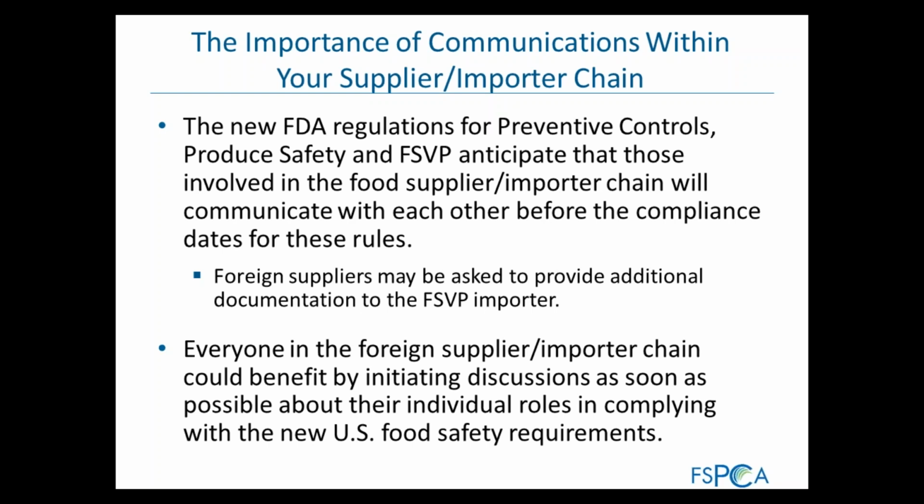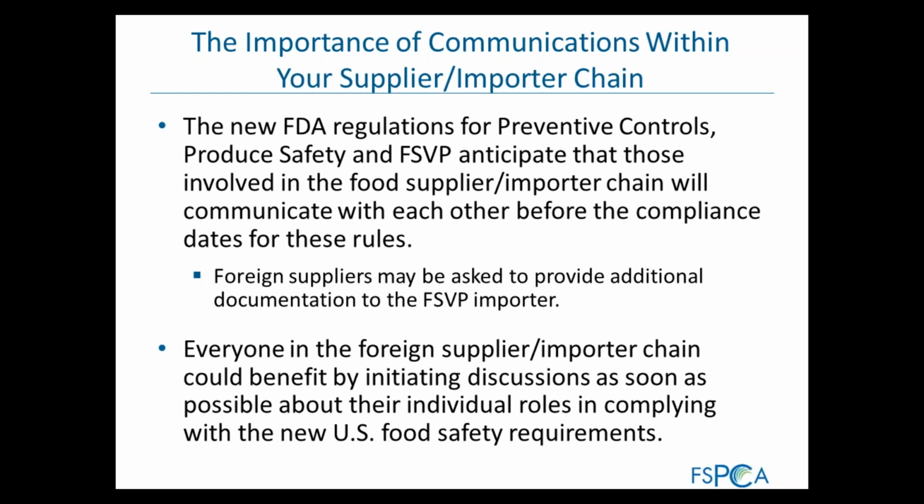You may need to provide additional documentation, as a foreign manufacturer may need to provide the FSVP importer with additional information and documentation relative to their food safety systems in order to import food into the United States.